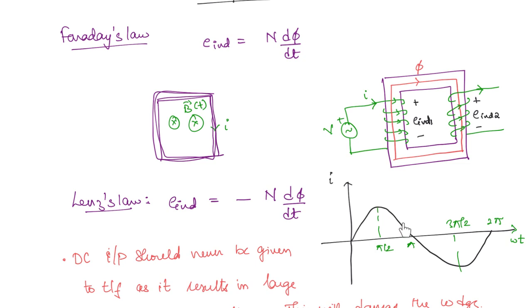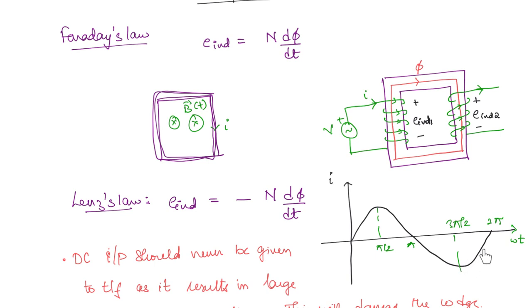Now from pi by 2 to pi, what is happening? The flux is decreasing. So now the induced EMF should be in such a way that this decrease in flux is opposed. So the polarity will now be reversed. This will become negative and this will become positive polarity. As long as flux is decreasing, the polarity will remain the same.